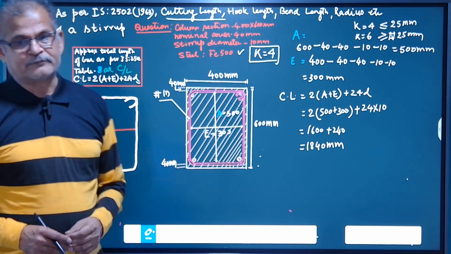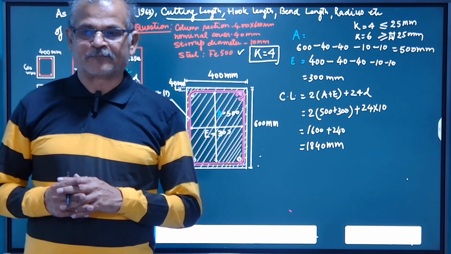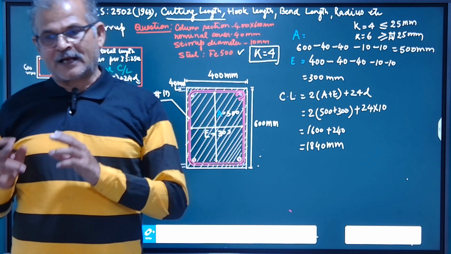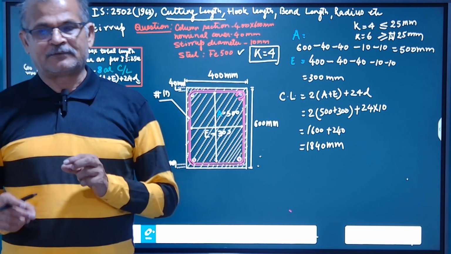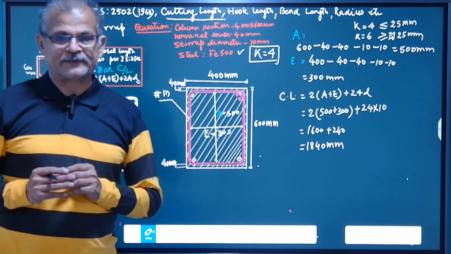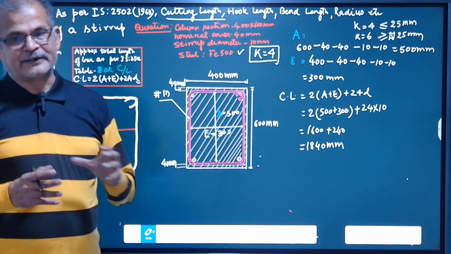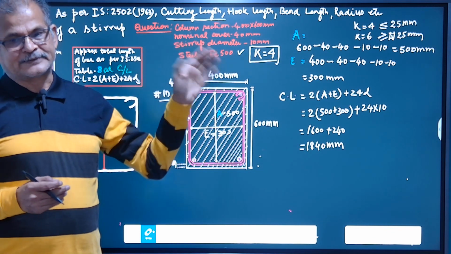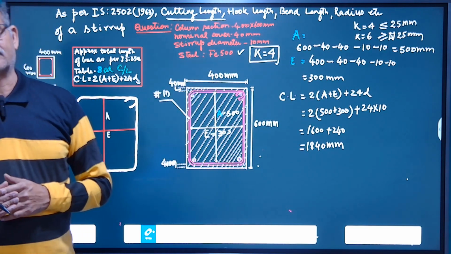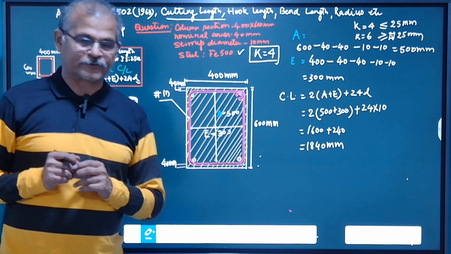For this, in IS 2502 Table 5, the bent length of any bar bent at 90 degrees is given by the formula A plus E minus 1 by 2 into R minus D. So we find out the bend length at all three corners, and then the straight length, and then further we calculate the hook portion and the curve portion.